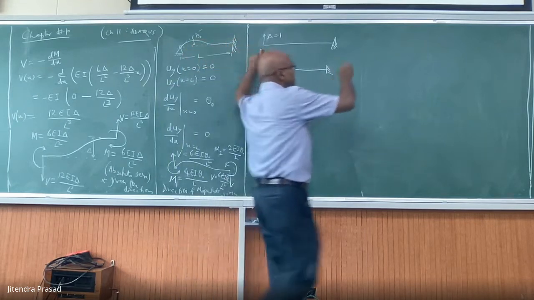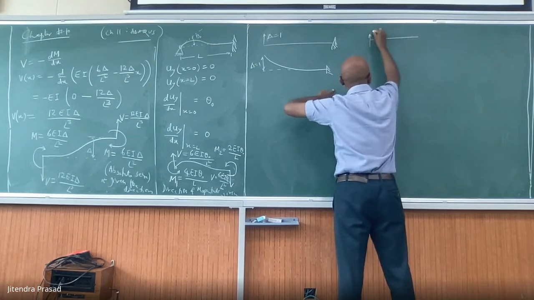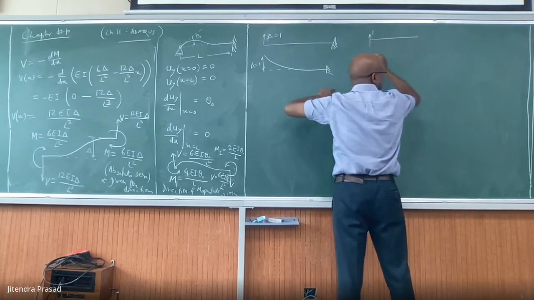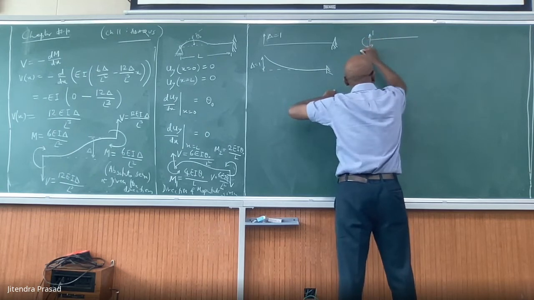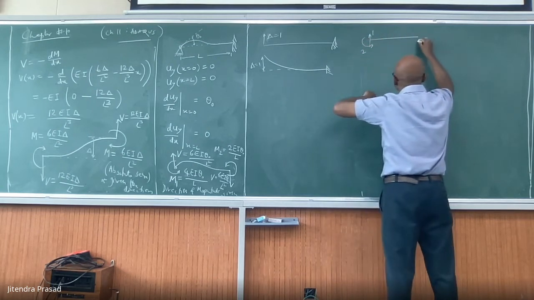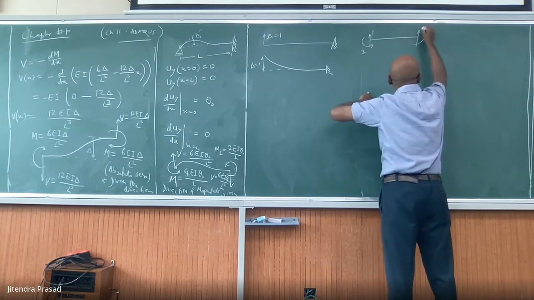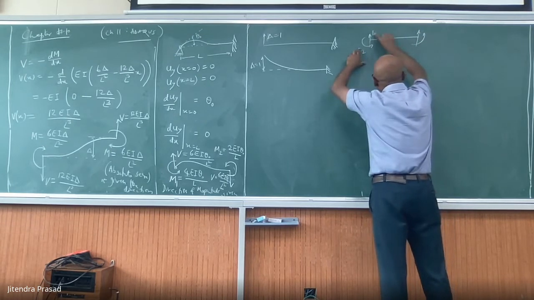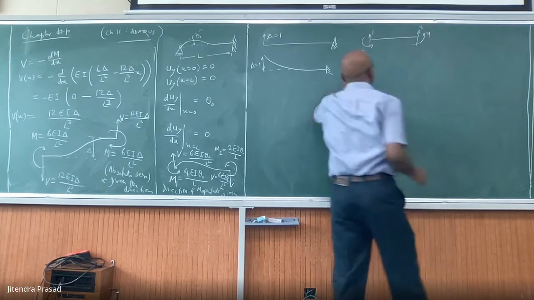Which degrees of freedom do you have here? You have degree of freedom number 1, then 2, then 3, then 4. So you have 1, 2, 3, 4.